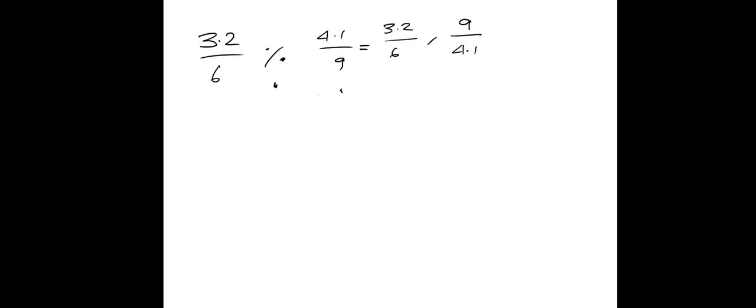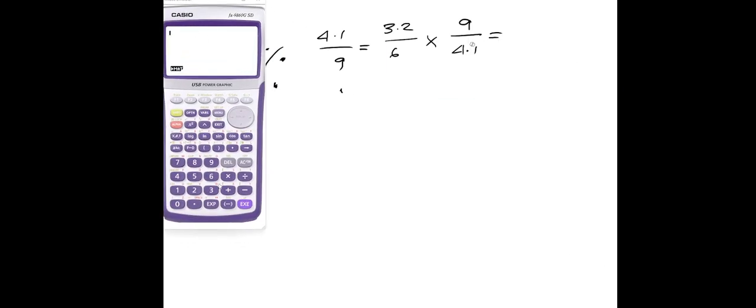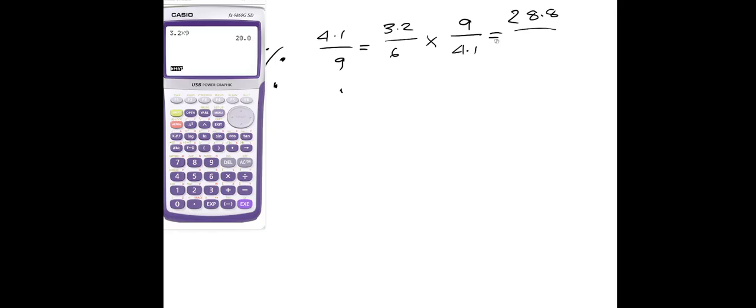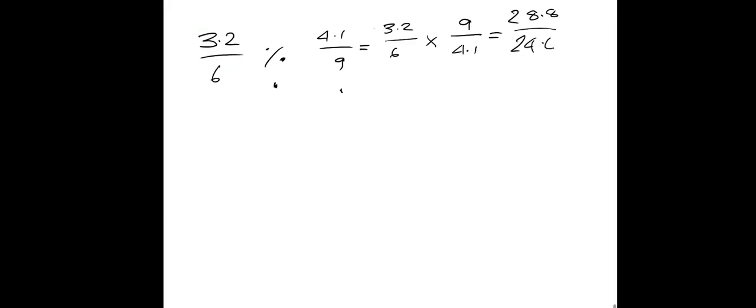The divided by sign becomes times, and if we multiply those out, I don't really know what that is off the top of my head. 3.2 times 9, 28.8 over, and again I don't really know what 6 times 4.1 is, 24.6. We can leave it like that.